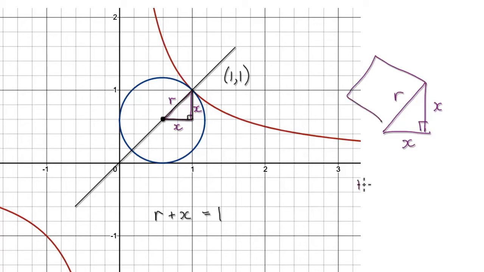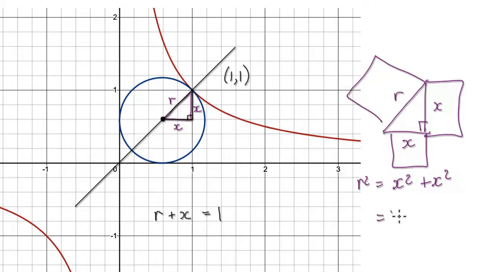Using Pythagoras, r squared equals this area plus this area. Merge these two together. That will give us 2x squared equals r squared. So now try and get x on its own. Divide both sides by 2. So r squared over 2 equals x squared, and then square root both sides.